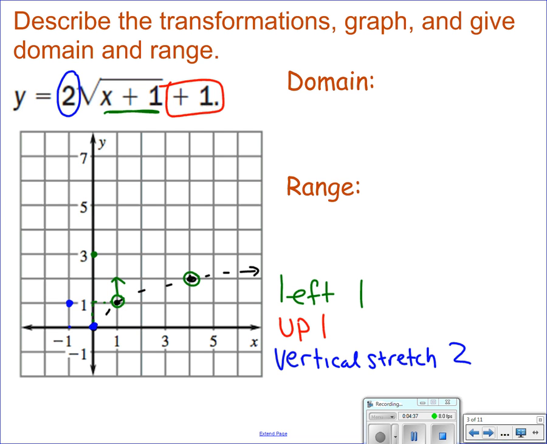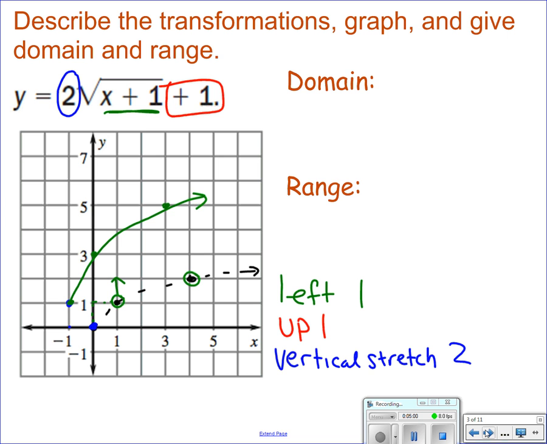To get to this point, I went up 2, but over to the right 4. I'm going to go up 4, because it's a vertical stretch of 2, and to the right 4, because I'm not stretching the x's at all. So that's what that graph looks like. Now, domain and range.